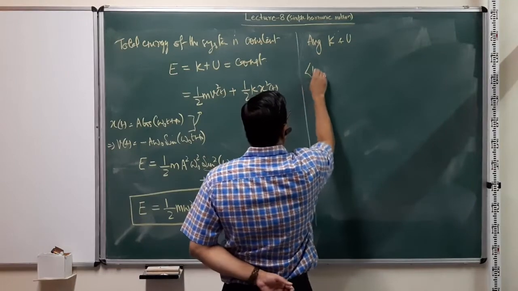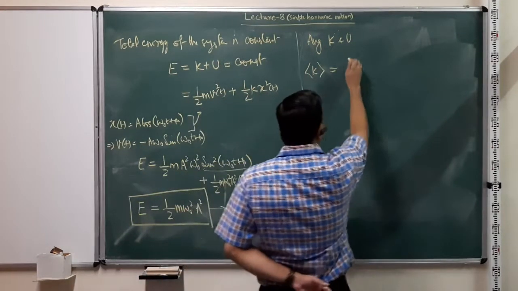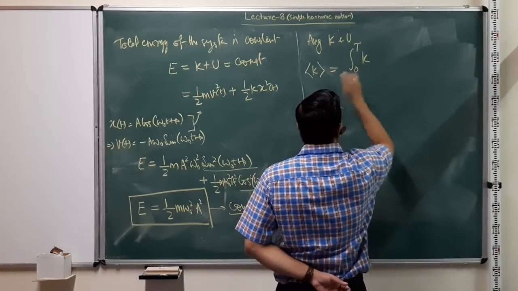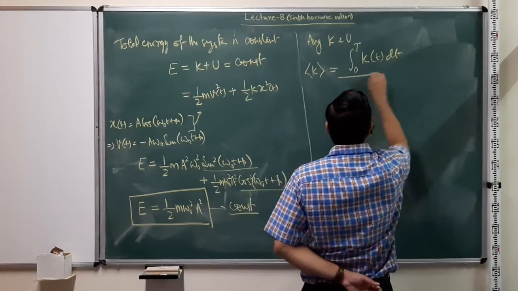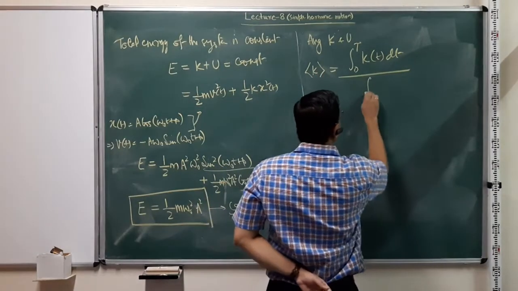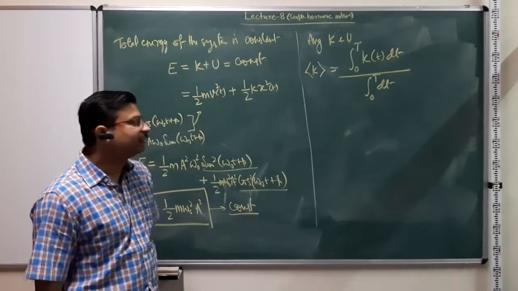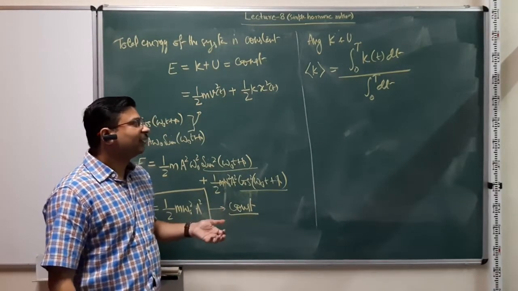So the average kinetic energy is represented like this, and how do we find it? We write down the kinetic energy as a function of time, integrated over one time period 0 to T, divided by the time period T. This is the definition of average kinetic energy or potential energy, or rather any average function.